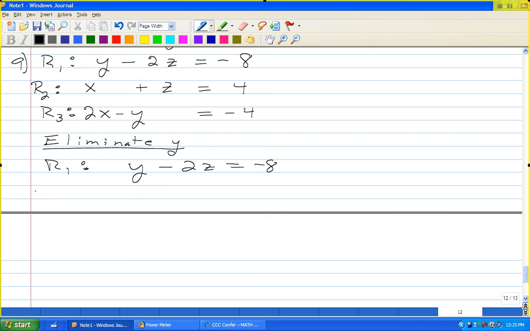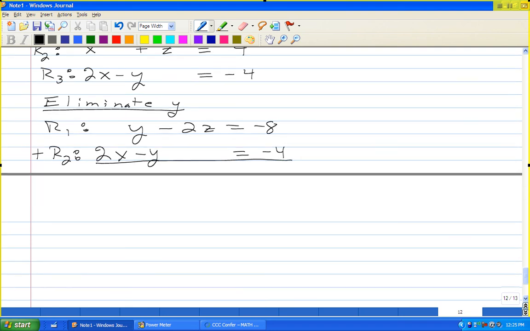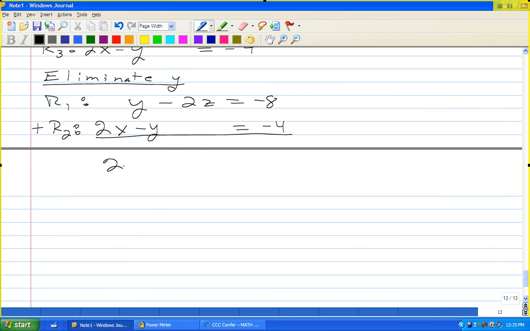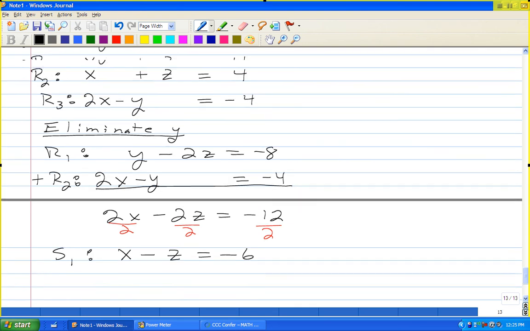I have R2, 2x minus y equals negative 4. Add these together, and so I get 2x, y's cancel, minus 2z equals negative 12. Let's divide everything by 2 so it looks nicer. So I have x minus z equals negative 6. Call that S1. I also have R2, so I'll call that S2.